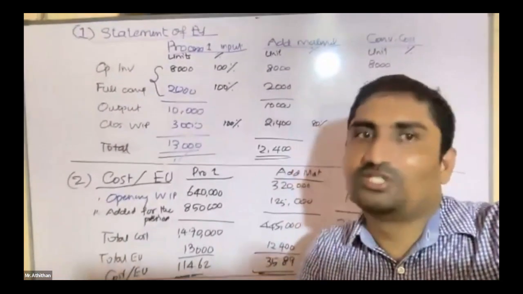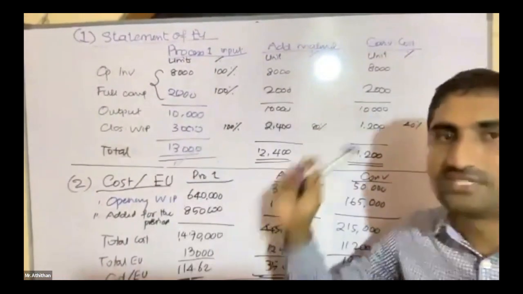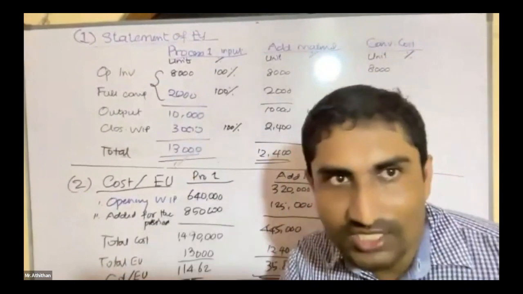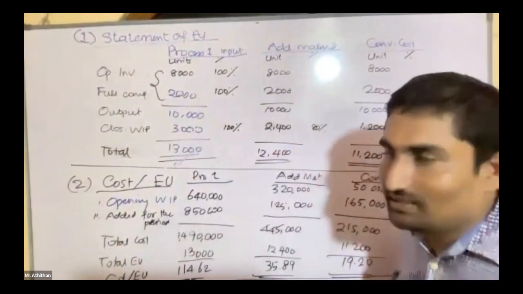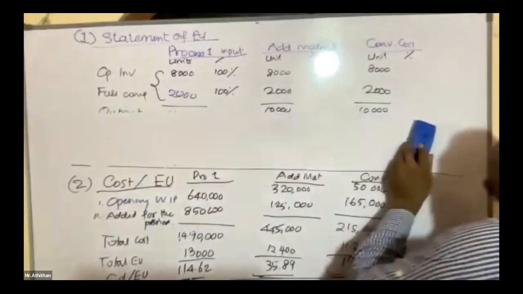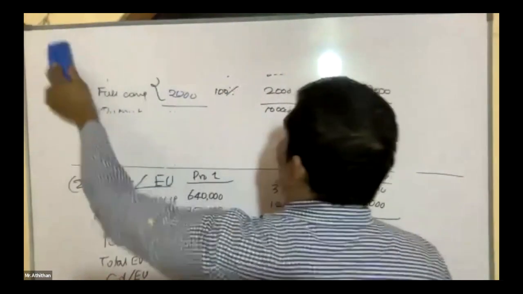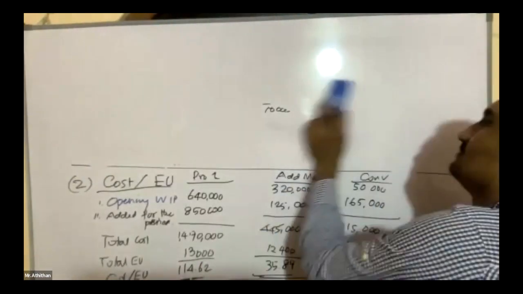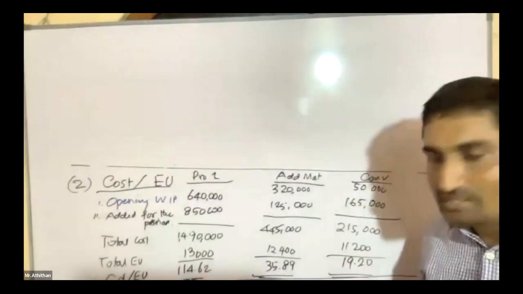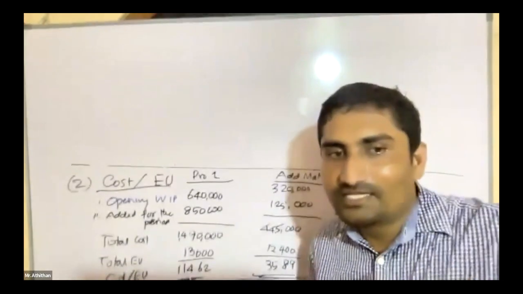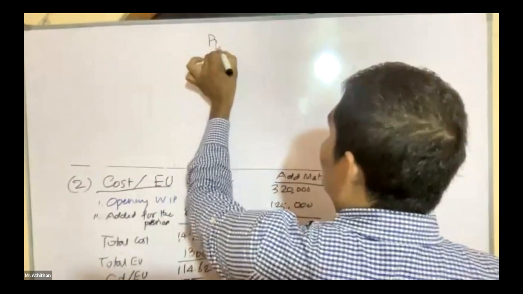Because of the space limitation on my whiteboard, I'm eliminating the first part. Since this session is recorded, you can rewind and see that. Okay. So the last part is process account.